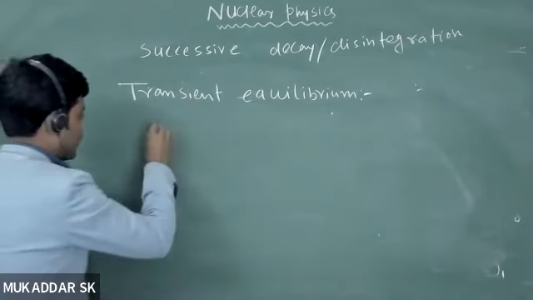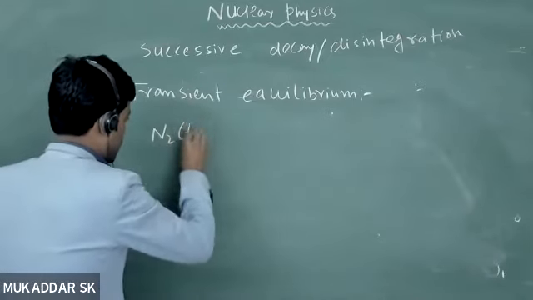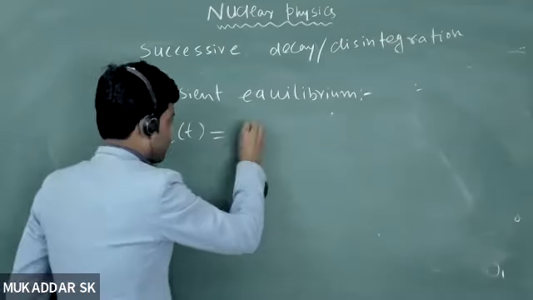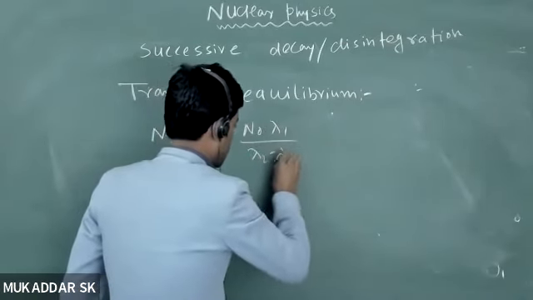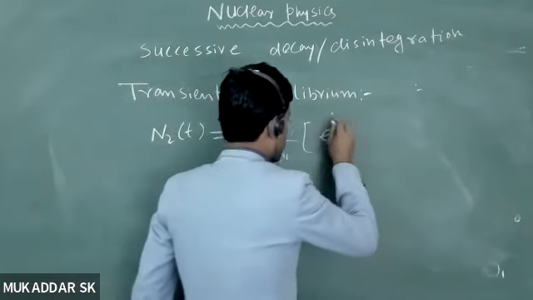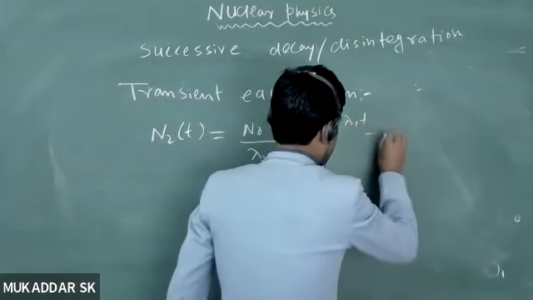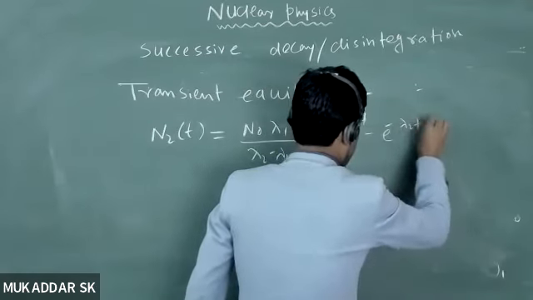Now, again, I'll start with that N2 as a function of time. And it was N naught lambda 1 divided by lambda 2 minus lambda 1, and then e to the power minus lambda 1 t minus e to the power minus lambda 2 t.